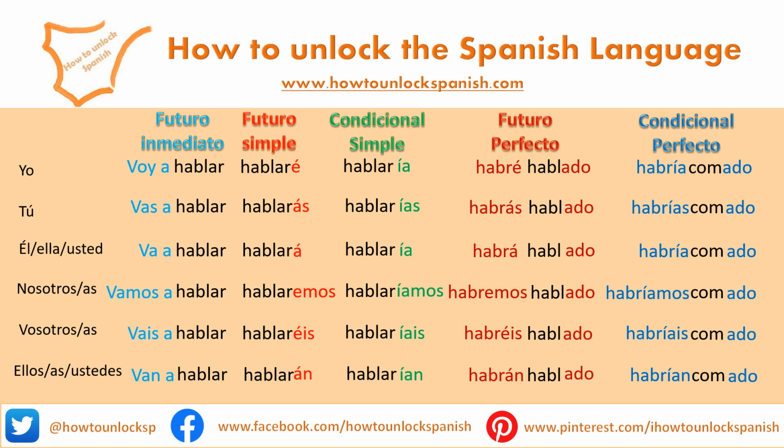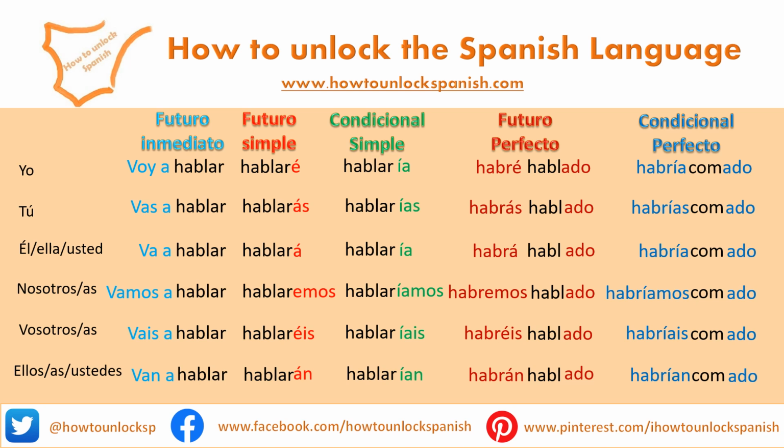So if you want to say, I am going to talk, it's as easy as saying voy a plus infinitive. So you just have to conjugate ir in the present tense, add a, and add the infinitive. Voy a hablar, vas a hablar, va a hablar, vamos a hablar, vais a hablar, van a hablar. So I'm going to talk.